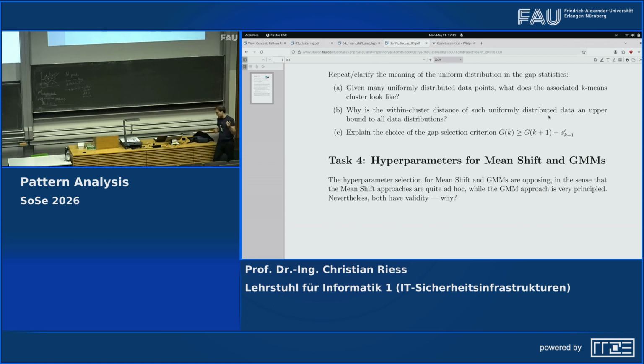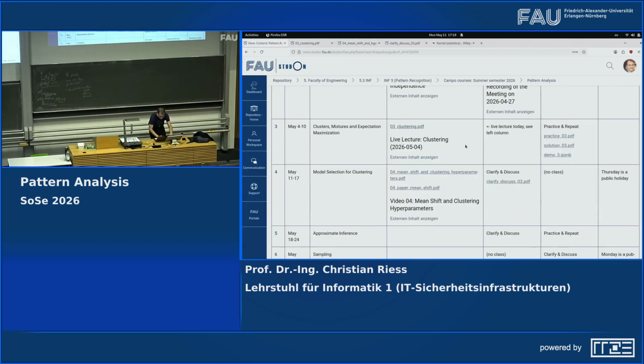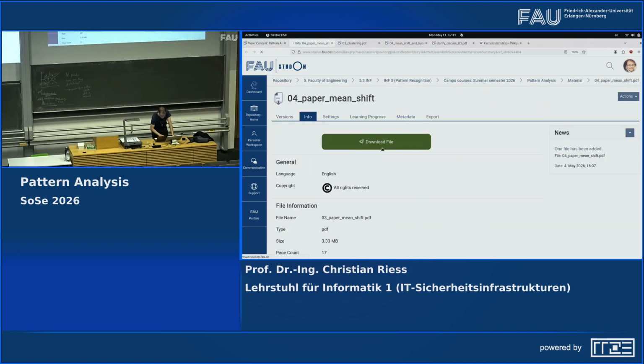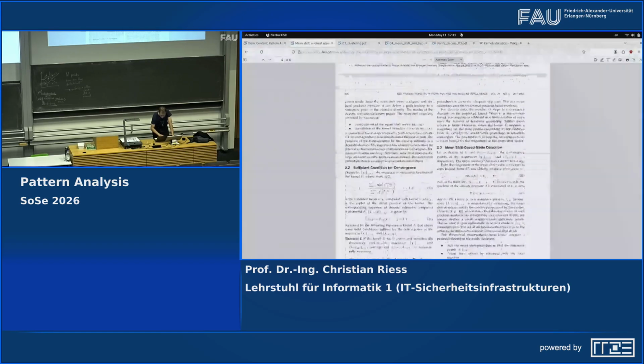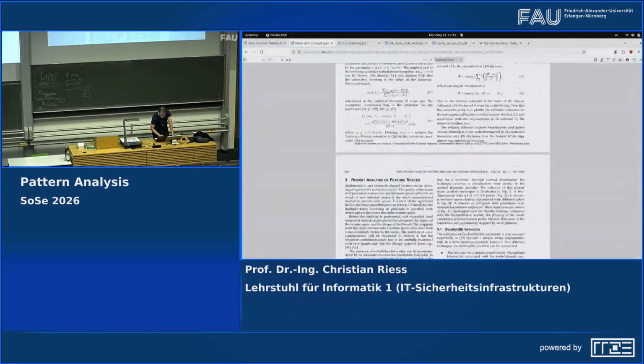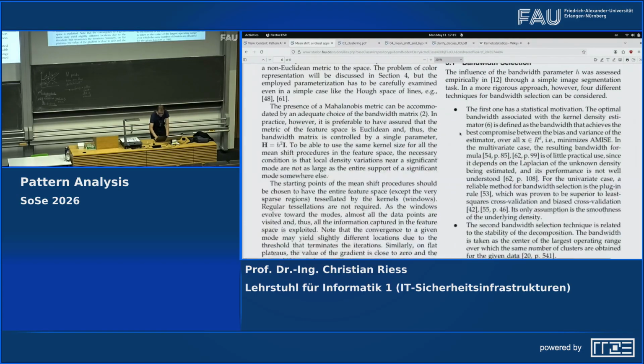I don't know whether you had a look at this paper on the mean shift, but I essentially copied it also to the slides. When checking the mean shift paper, they give a whole lot of reasons for how you could choose the hyperparameters, how you could choose the bandwidth, so the kernel size of the mean shift algorithm.